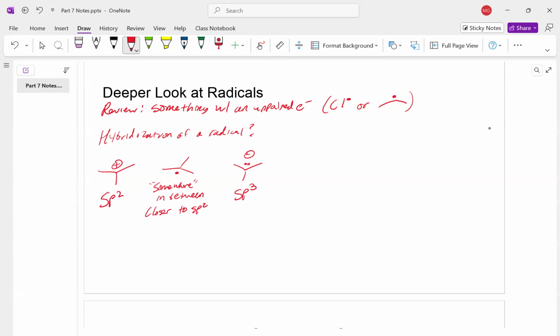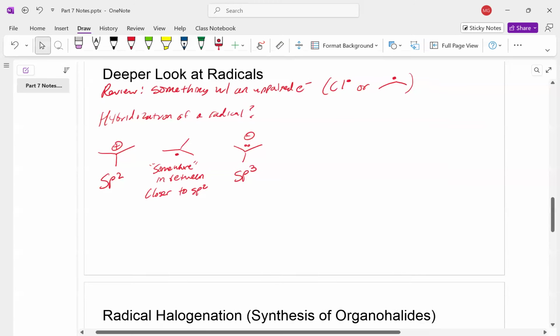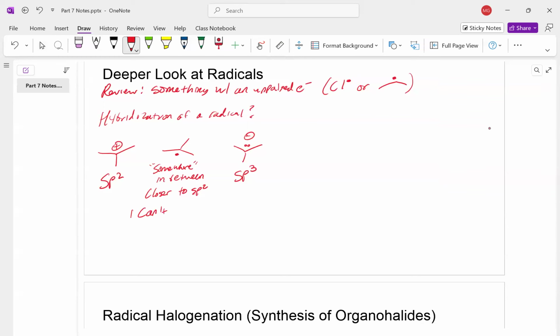And there's something important to note, and this will come into play a little bit later, is that radicals cannot be chiral. So even though you might start with a chiral organohalide, once that halogen is gone to make a radical, the radical itself cannot be chiral.